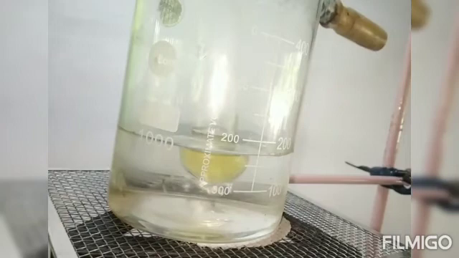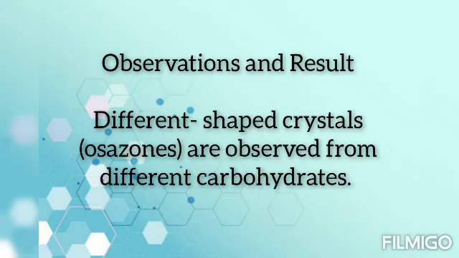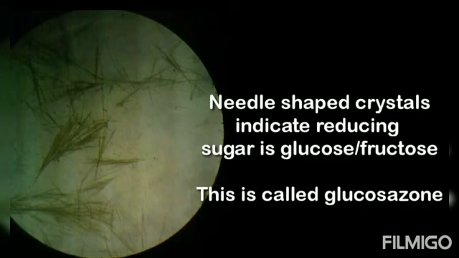After boiling the solution, remove the test tube from the boiling water bath and observe the solution under the microscope. A drop of solution is taken on the slide and we have to observe it on the microscope. Observation and result: the different shaped crystals are observed from different carbohydrates.